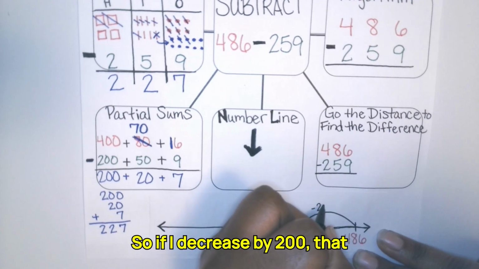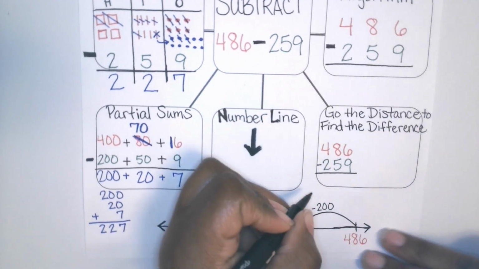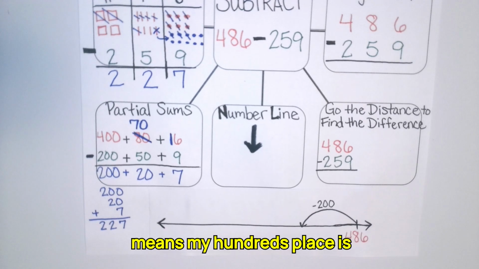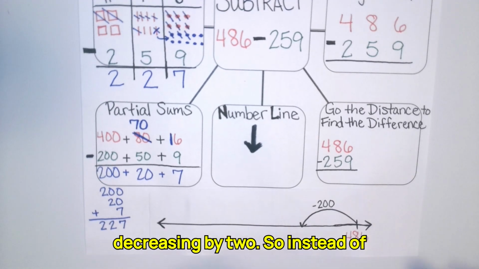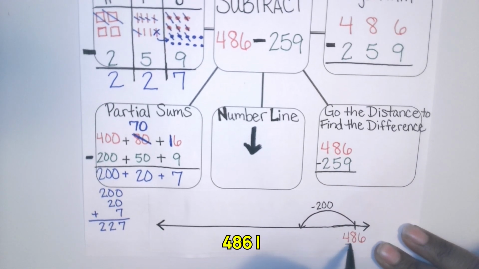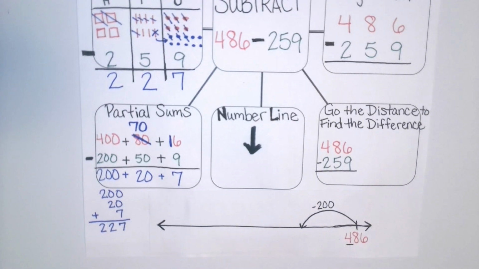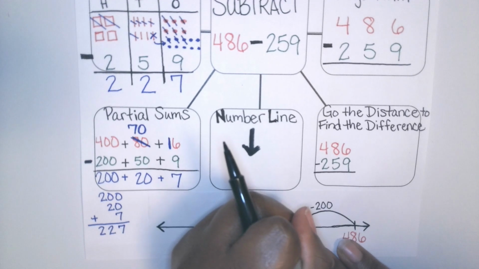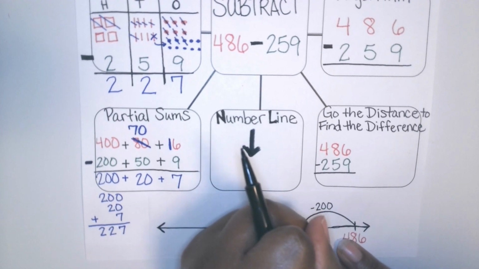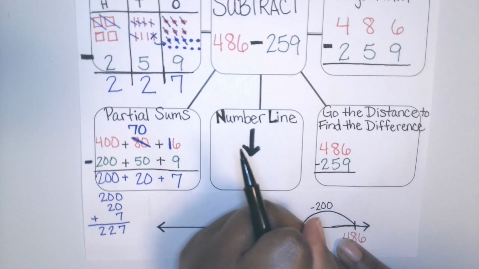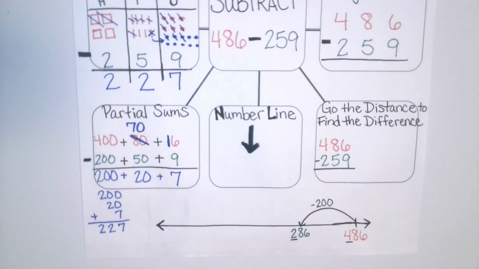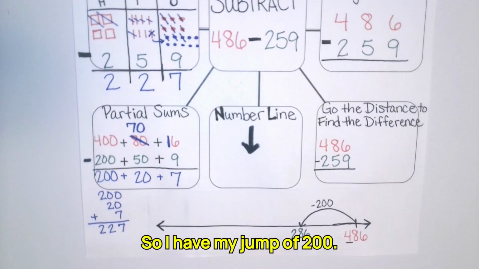So if I decrease by 200, that means my hundreds place is decreasing by 2. So instead of 486, I now have 286. So I have my jump of 200.